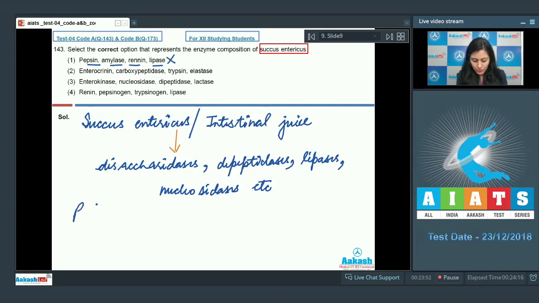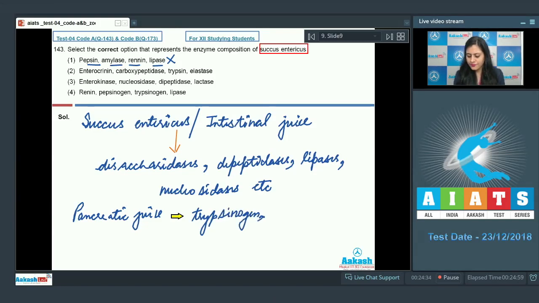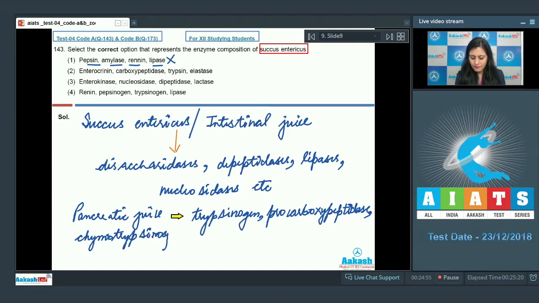If you look at the composition of pancreatic juice, then it consists of trypsinogen, procarboxypeptidase, chymotrypsinogen, amylases, lipases, and nucleases.